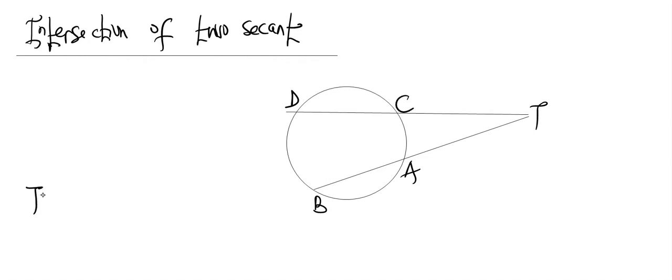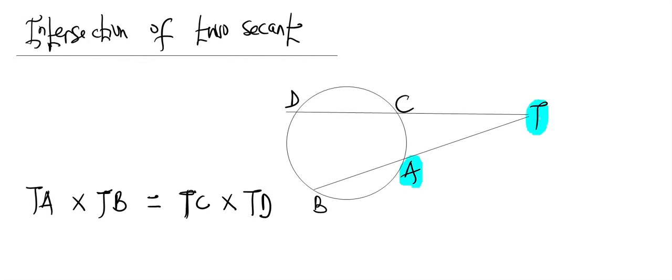We can generate a formula which is TA times TB equals TC times TD. So distance from T to A times T to B equals T to C times T to D. That's intersection of two secants.